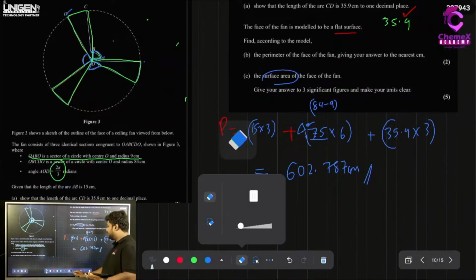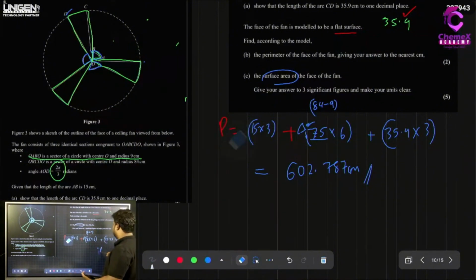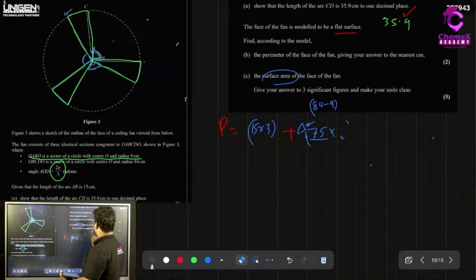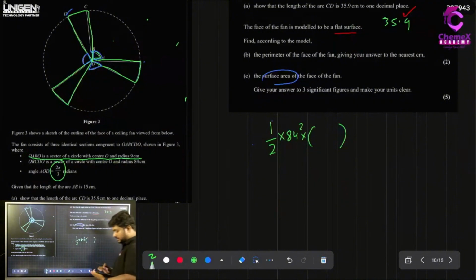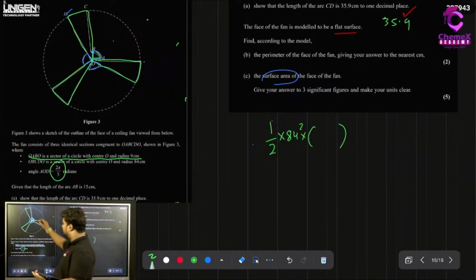So if I find the area of the large sectors, the radius I'm going to use is what? 84, right? So it's half times 84 squared times theta. What's the theta value? The small angle we found in the first part.